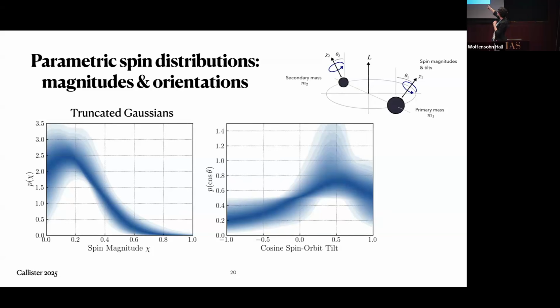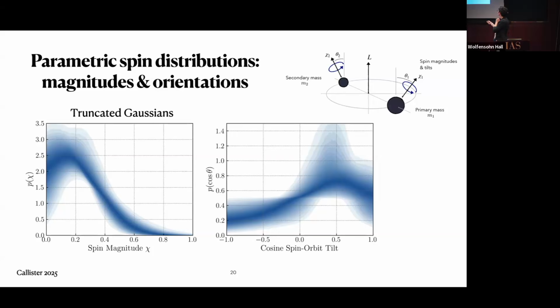Similarly, there's a spin magnitude, and then there's a spin tilt, which refers to the angle from the orbital angular momentum axis to the spin vector. Of course, there are other spin parameters also, but these are the two we tend to look at.